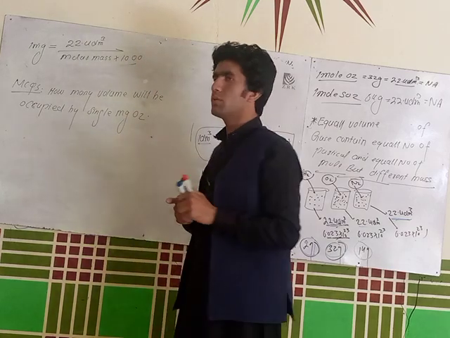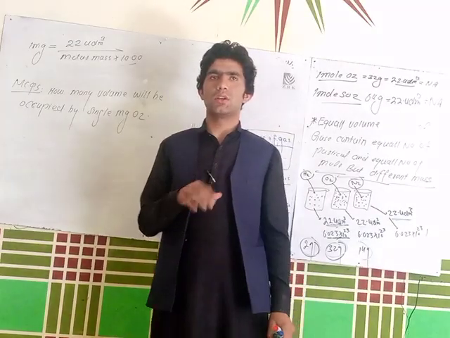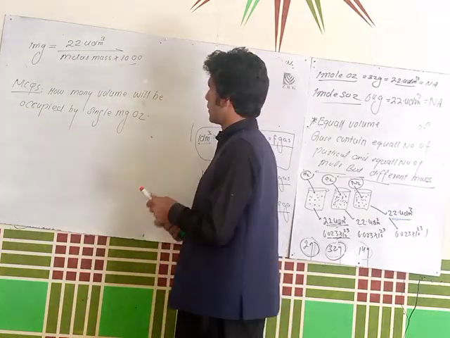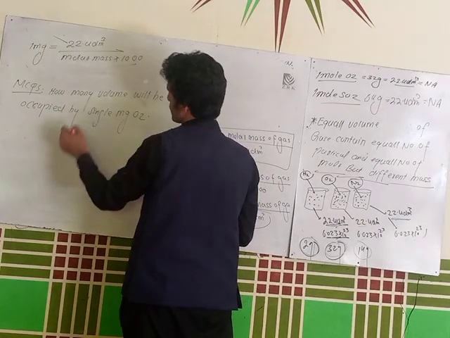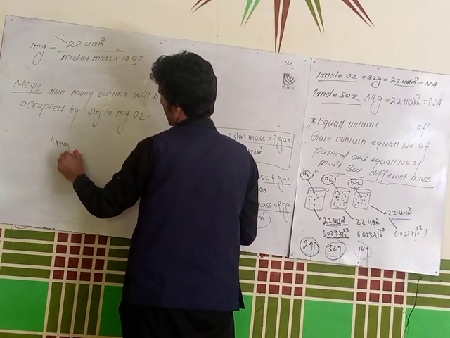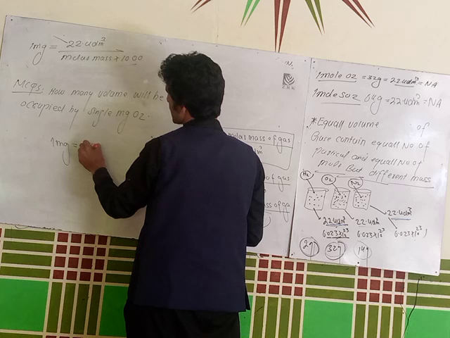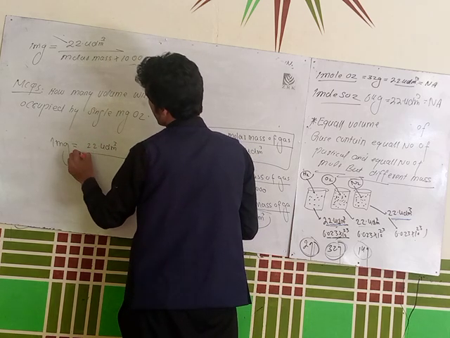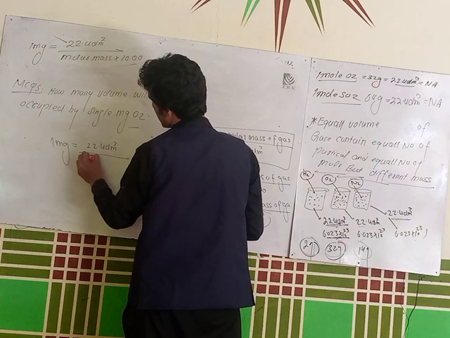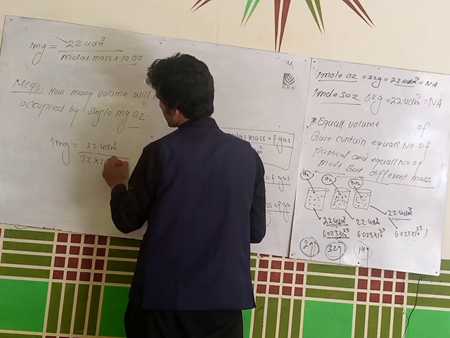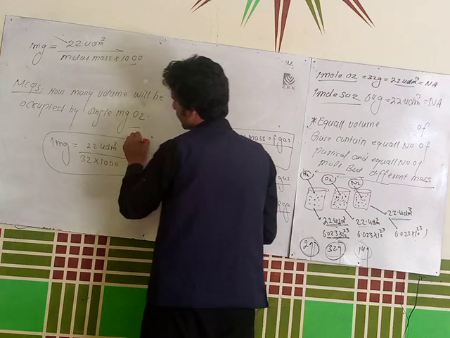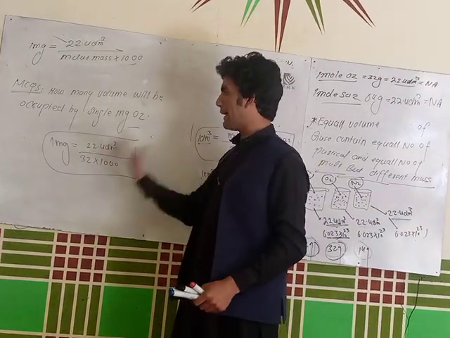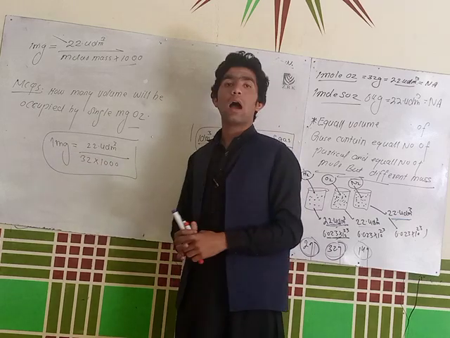If I take 1 milligram of oxygen, what will be the volume per 1 milligram of oxygen? So the above equation will be used. 1 milligram is equal to 22.4 decimeter cube divided by the molar mass of oxygen, which is 32, multiplied by 1000. So if we calculate this value, we will get the result.